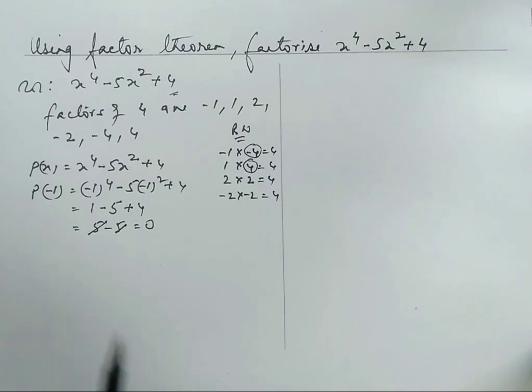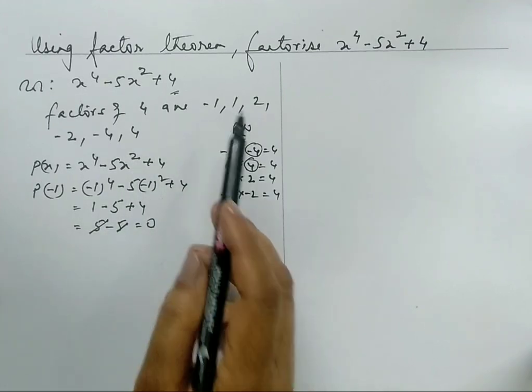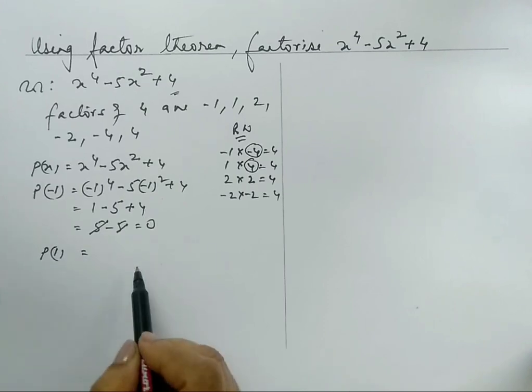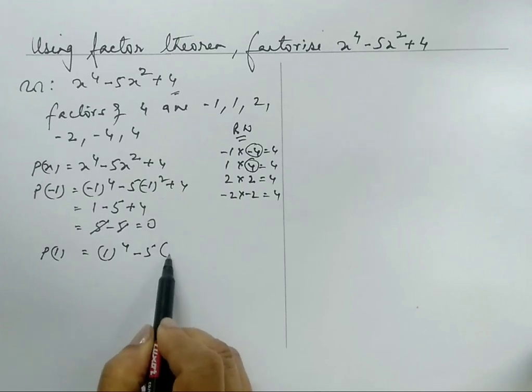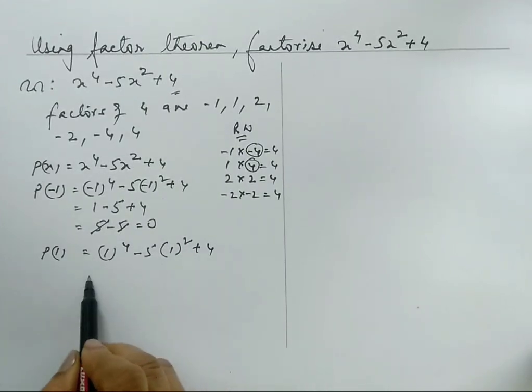Alright? Next one. So the next one is this, okay? So 1 to the power 4, minus 5 times 1 to the power 2, plus 4.